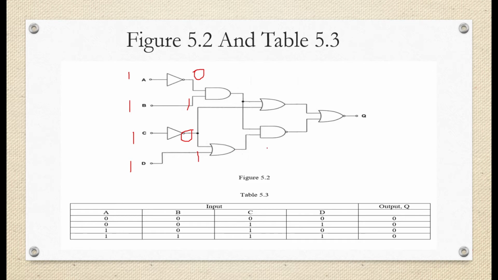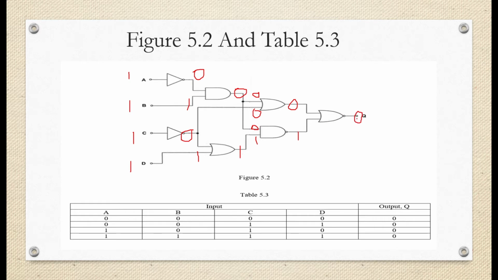So the output at the OR here is 1, output AND is 0. So here 0, 0, here is 0, 1. So the output here is 1 and 0. So here the NOR gate. So the last result is 0.